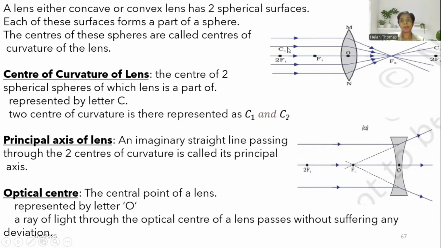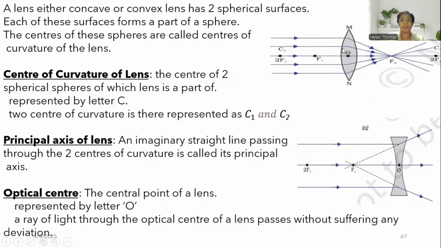They are represented as C1 and C2. We found the relation of the radius of curvature: in the case of spherical mirrors, the radius of curvature is twice the focal length. When it comes to a lens, we normally represent it as 2F1, where O to F1 is the focal length of this lens.